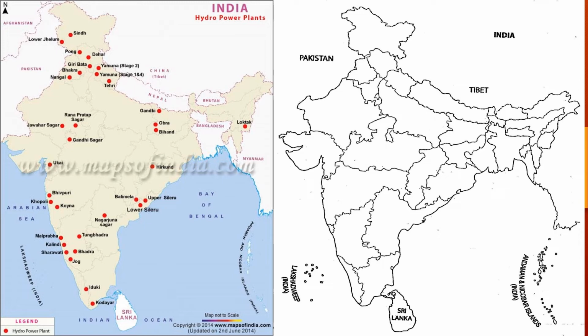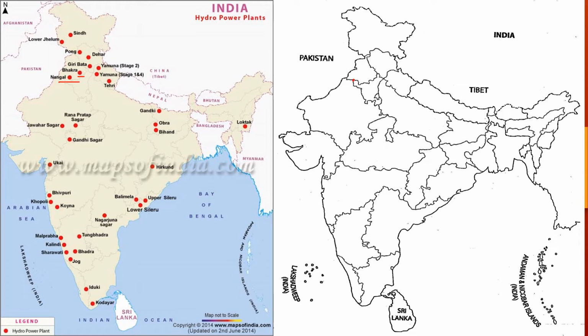You can see Bhakra Nangal at the top, near Punjab. Clear. You can see here, right? This Bhakra Nangal is one of the important hydro power plants in India.